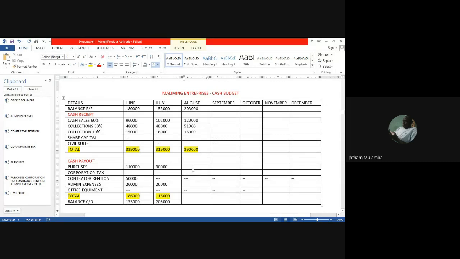Because we are in August, we'll pay for purchases made in July. How much was purchases in July? 90,000. We don't have any transaction pertaining to corporation tax or contractor. Then administration expenses, which is a fixed figure, 26,000.